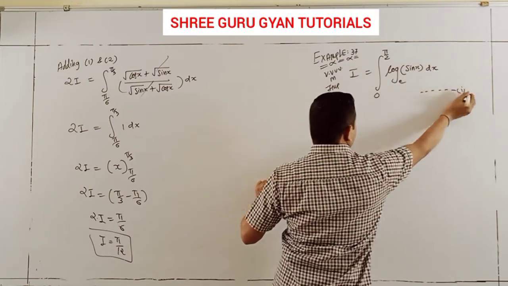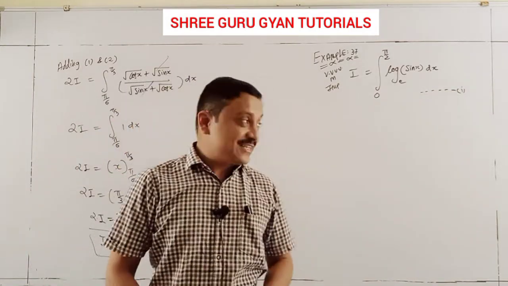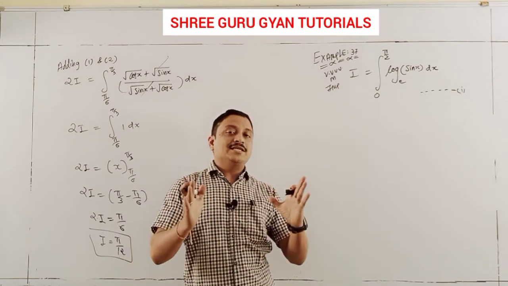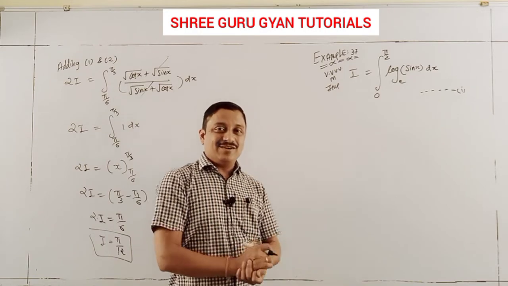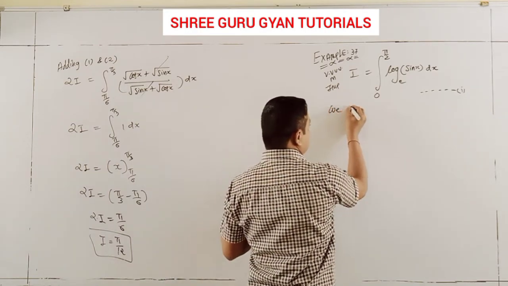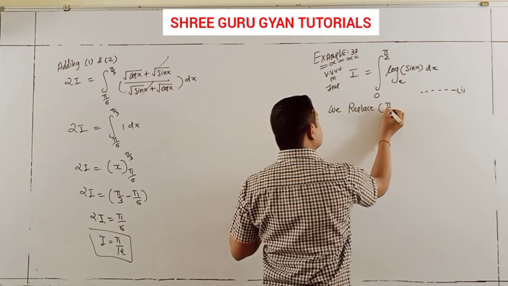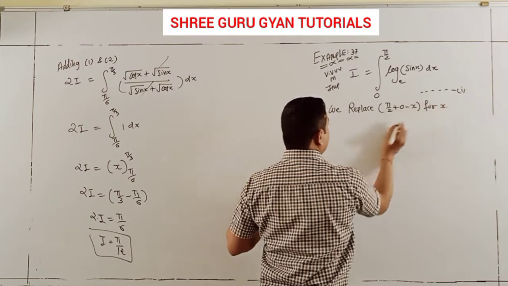Statement 1. Again I check 0 to pi by 2 log sin x dx. Yes, students, the process is the same: replacing x by upper limit plus lower limit minus x. So we replace upper plus lower minus x for x.